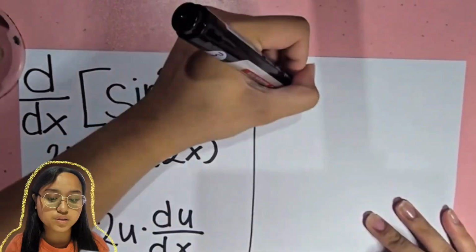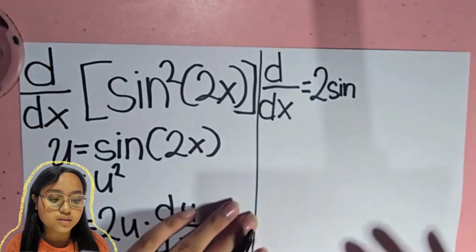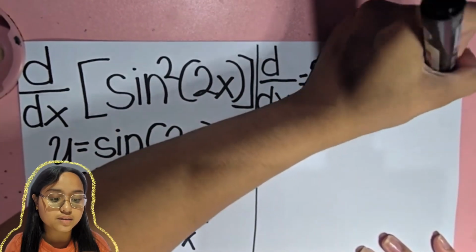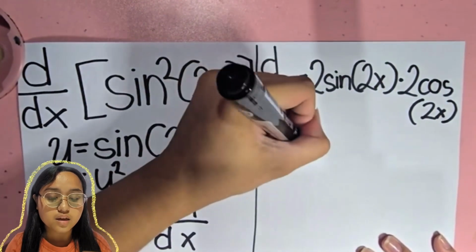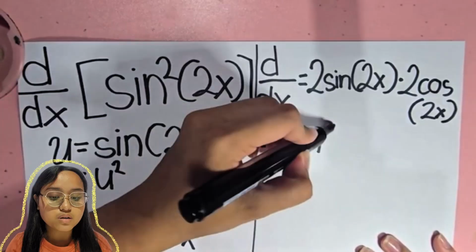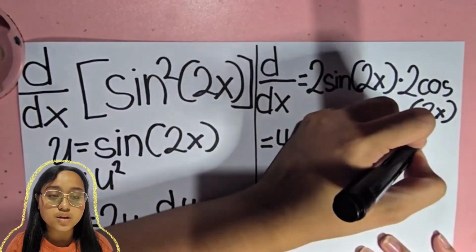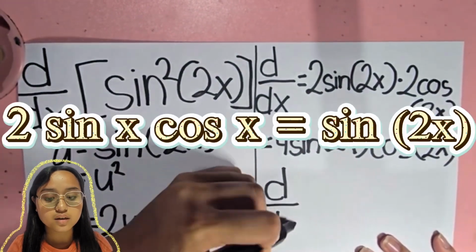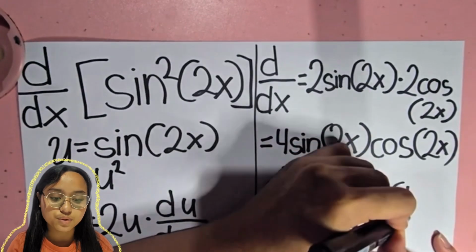Now, we substitute, and that will be 2 sine of 2x times 2 cosine of 2x. Simplifying it, this becomes 4 sine of 2x cosine of 2x. Using the identity, the final answer becomes 2 sine of 4x.